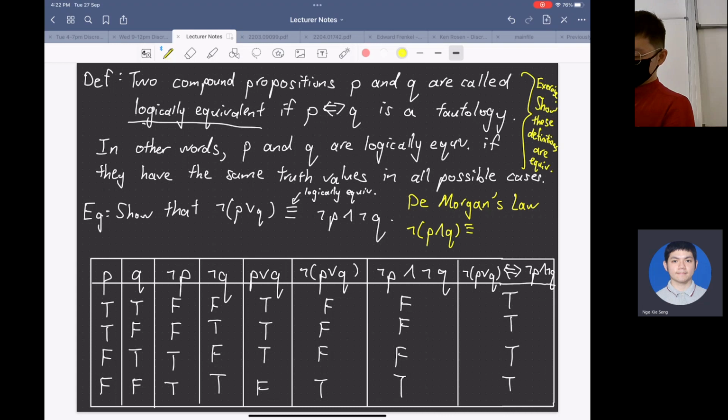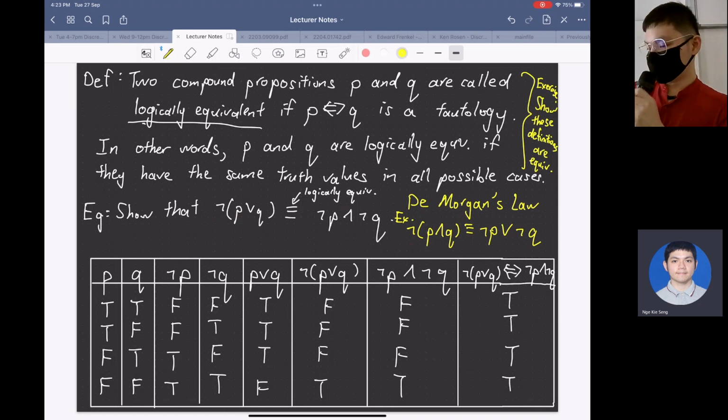This is the other pair of De Morgan's law. So these two are both De Morgan's law. You can notice that the not goes into the or, and the or becomes an and. You put the not on both, and then or becomes and, and and becomes or. This is a good exercise you can do. Go back and do this. So not (P and Q) is logically equivalent to not P or not Q.